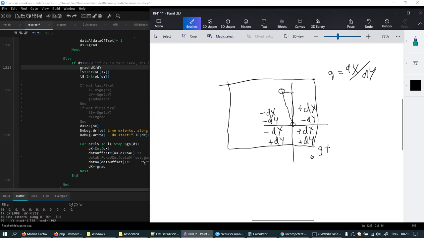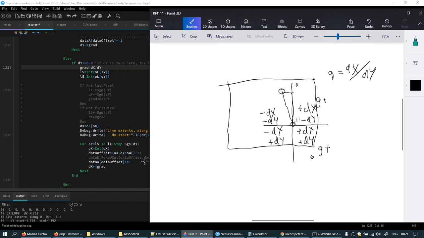If the line leads into this quadrant, I also want the grad value to be positive, because the x value steps in this direction as the y value decreases.